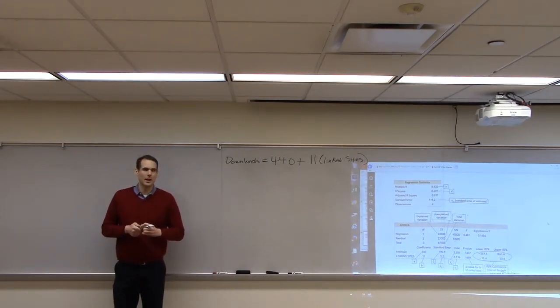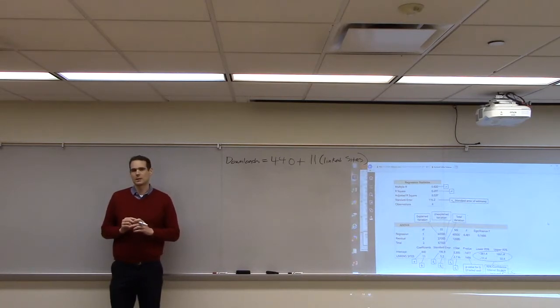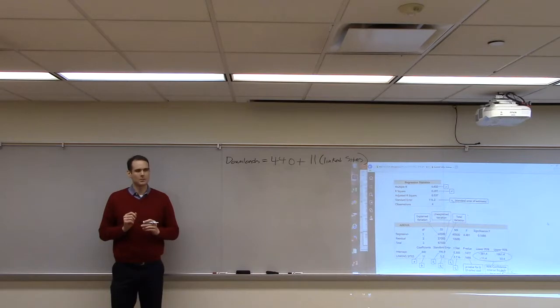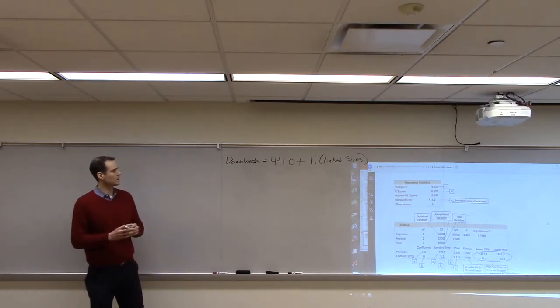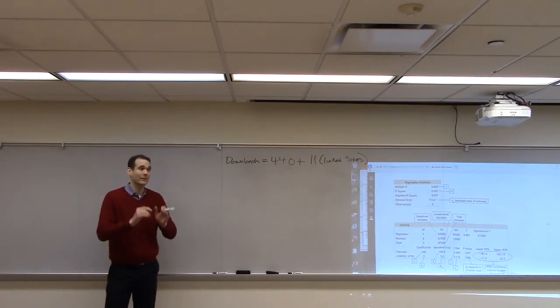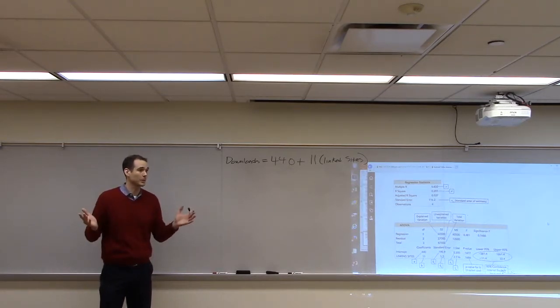Or how many times was it downloaded? 10 link sites, 110 plus 440. 550 is correct, yes. So you say to that app developer, I bet you had 550 downloads, right?